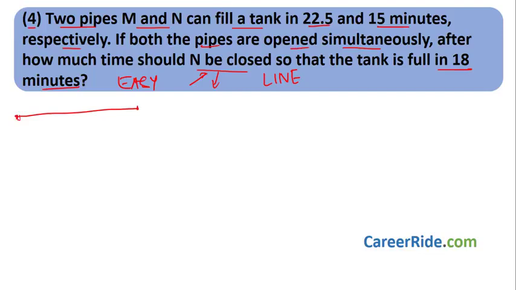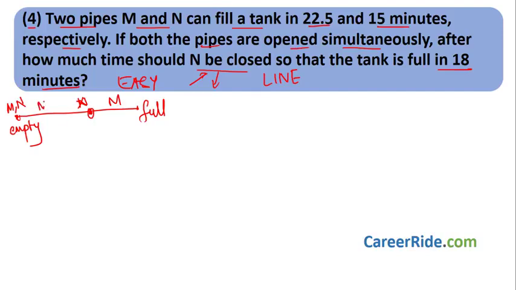Over here the tank is empty and over here the tank is full, that is the zero work done, entire work done. Pipes M and N are opened over here. They start filling the tank. After some time, say at this point, N is closed, right? And what happens now? Only M is on.